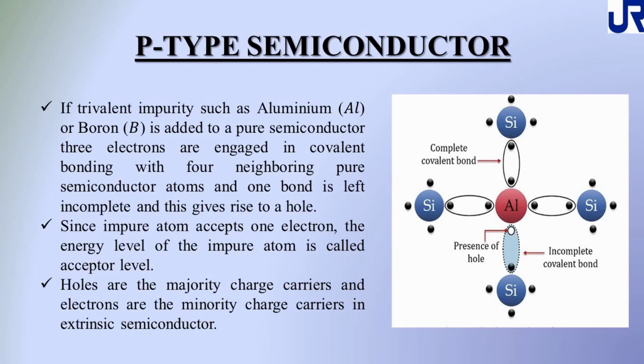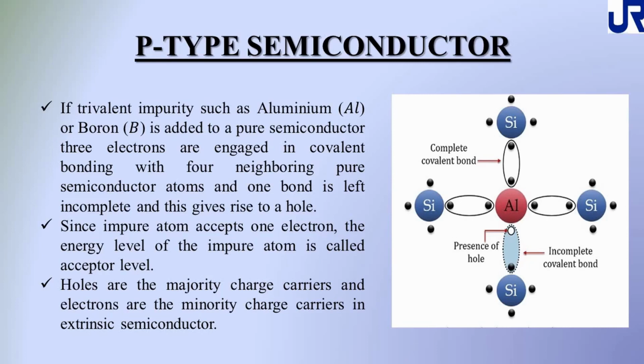Similarly, boron's atomic number is 5, so the outermost orbit contains 2, 3. So this trivalent impurity is added to the pure semiconductor to make p-type.